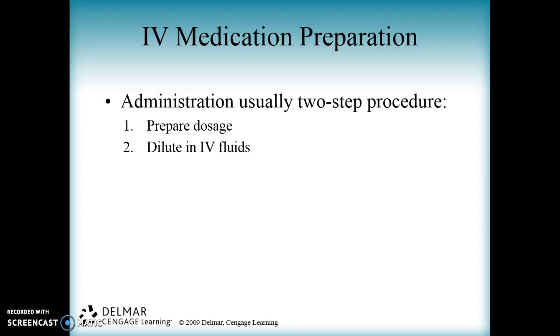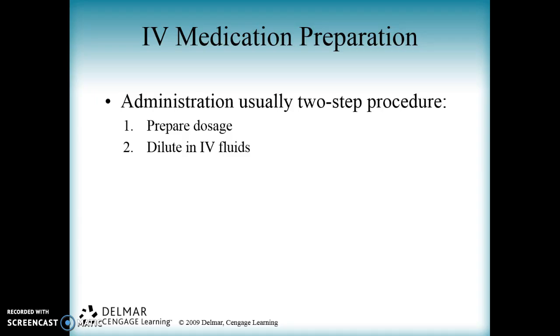Maybe we're putting it in normal saline, which has a strength of 0.9%. So we're going to take that medication and put it into the IV fluid. Both of those things go hand in hand. Not only do we have to correctly calculate the dose, but we also have to make sure that we're diluting it in the right IV fluid.